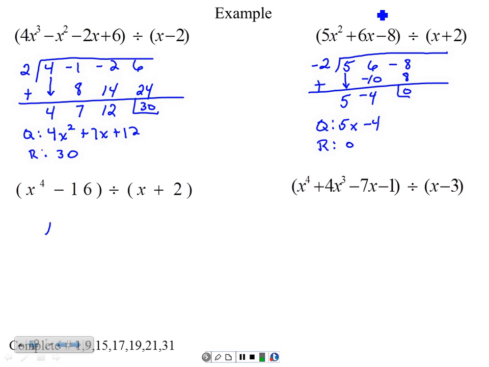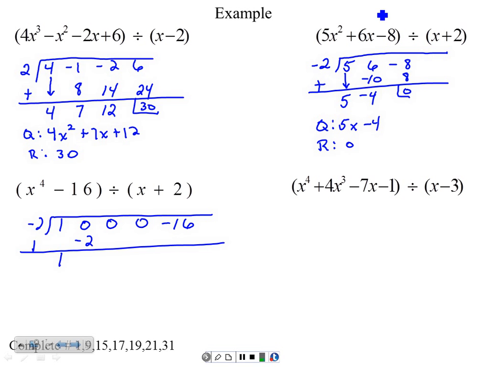Alright, so for this problem here, we're going to have 1, 0, 0, 0, negative 16, and negative 2. So we're going to drop that 1 straight down. Negative 2 times 1 is negative 2. Add them together and get negative 2. Negative 2 times negative 2 is going to be a positive 4.